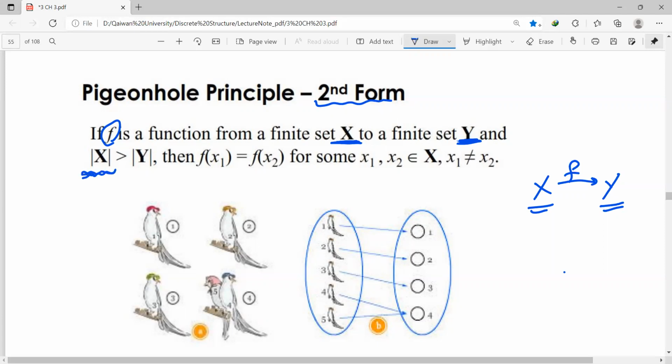The cardinality is the number of elements.